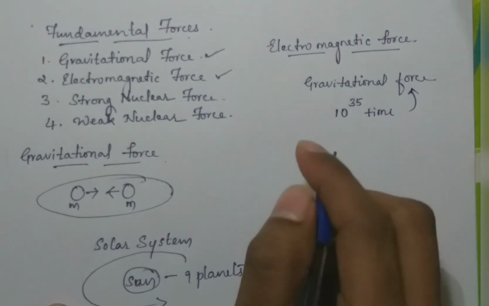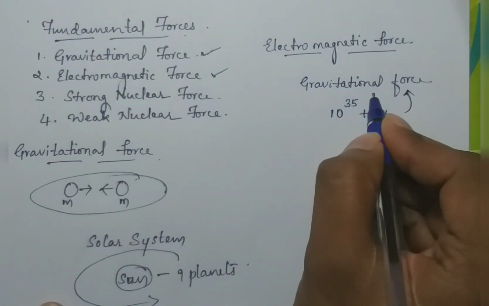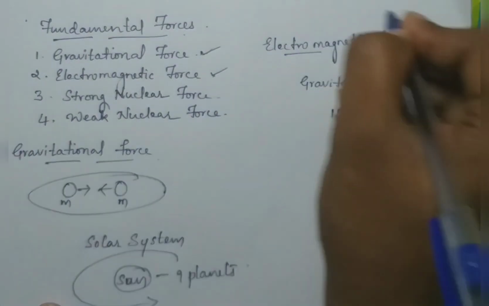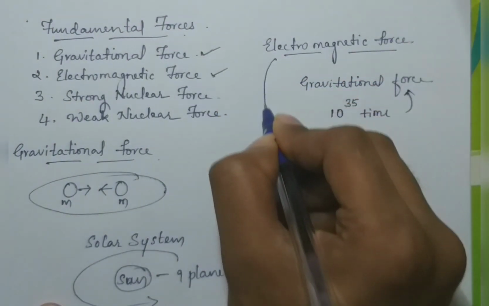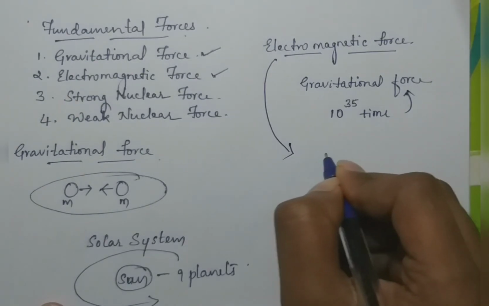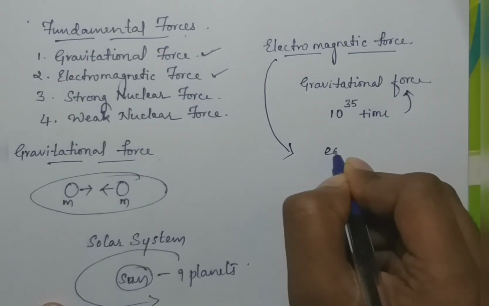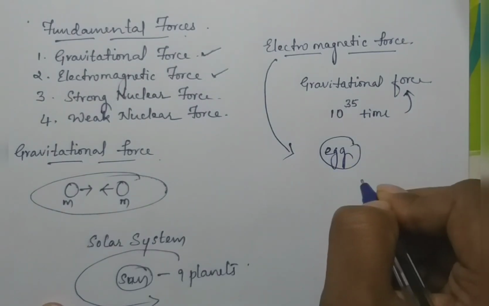Now the next question that comes to our mind is that we are experiencing the gravitational force but we are not experiencing the electromagnetic force. We are experiencing the electromagnetic force also. Let's take an example of an egg. We are holding the egg in our hand.